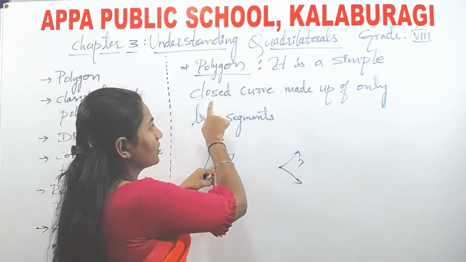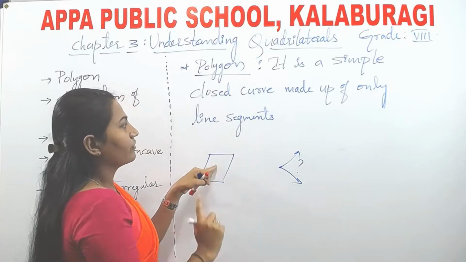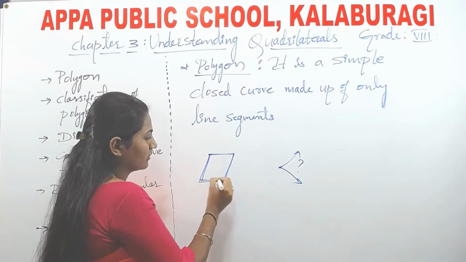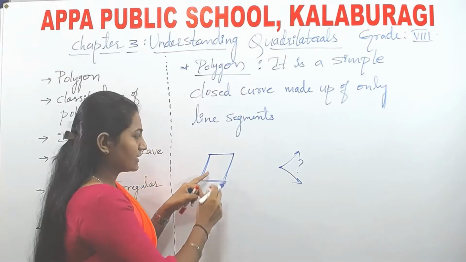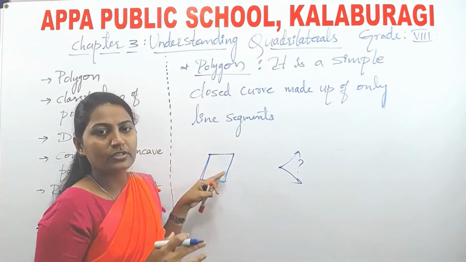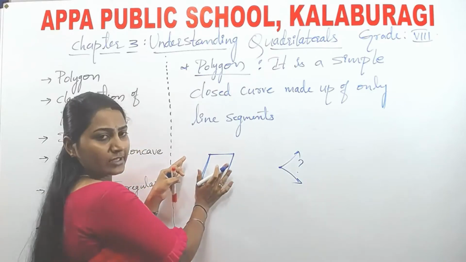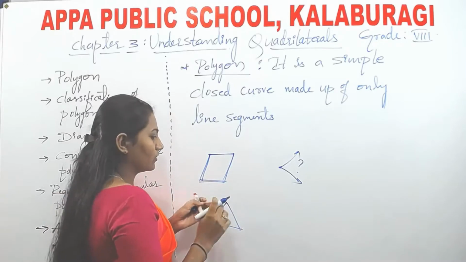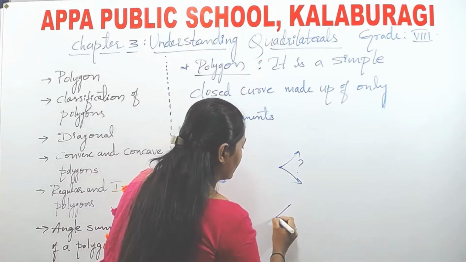It is made up of only line segments. You can see only line segments. Such figures you call a polygon. Not only this one, a polygon may be a triangle, a polygon can be a pentagon.